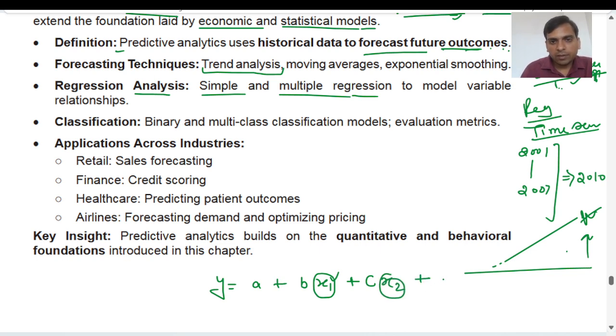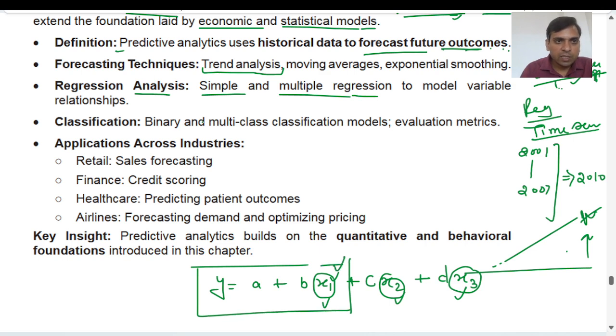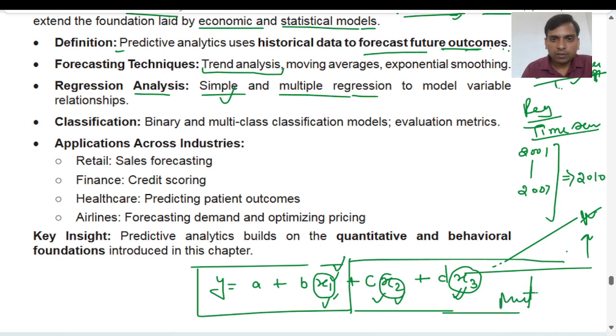And one more thing was added: blankets. So if we are producing three types of products and using only one dependent variable and one independent variable, then this model is considered a simple model. And if we are considering multiple independent variables, then this model is considered a multiple regression model, because multiple independent variables are there.